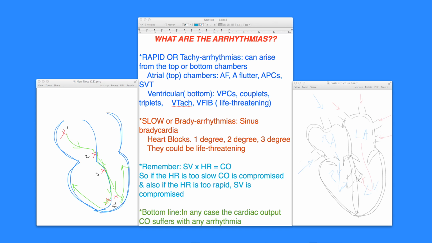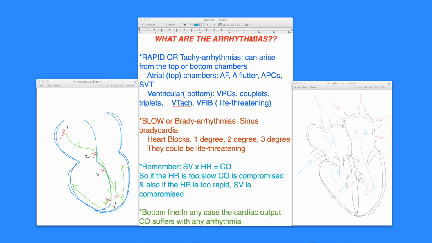Then it passes through the bundle of His, and then it divides into two sets of fibers, one going to the right and the other going to the left, and these are the right bundle and left bundle. Then they branch off into smaller fibers which supply the rest of the ventricles, and those are Purkinje fibers. We dealt with them in a previous video, so just to recap quickly how the electrical impulse travels: the atria contract first, then the ventricles fill up, then the ventricles contract and empty out while the atria are filling in.